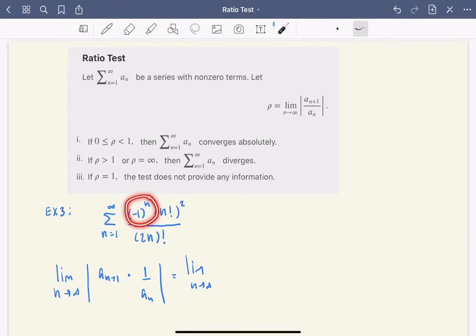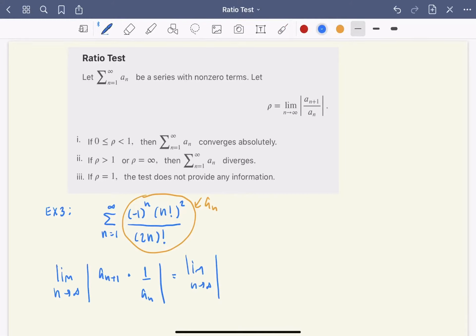Even if this is not always positive, when we do the absolute value, it's gonna be positive. Okay, so we have a_{n+1}. By the way, let's say this is our a_n. So for a_{n+1}, everywhere you see n, you change it to n plus 1.